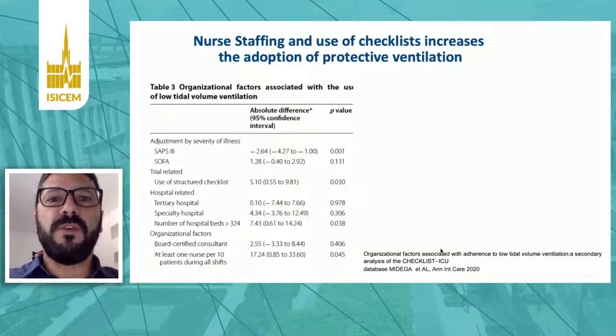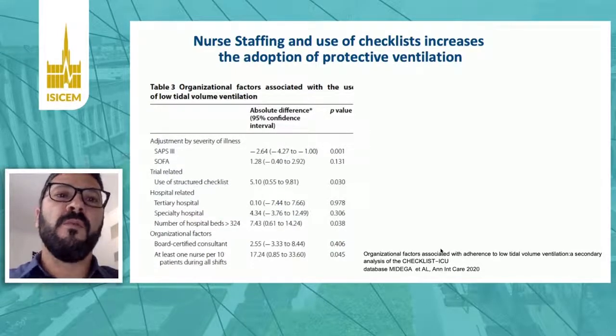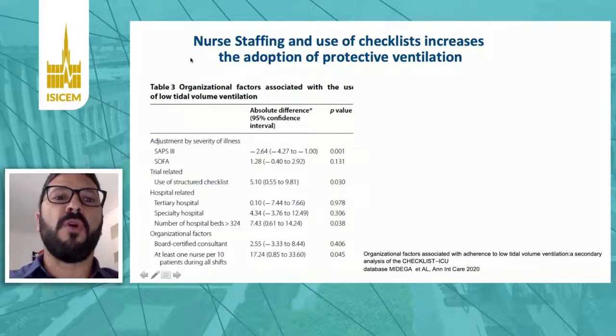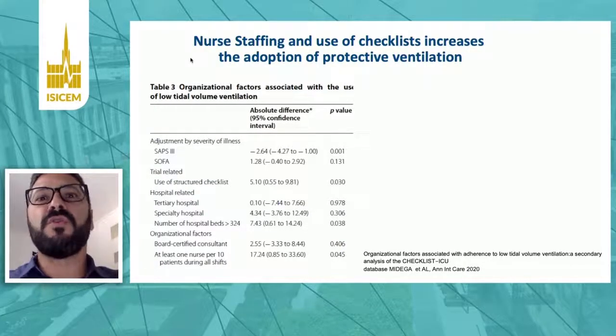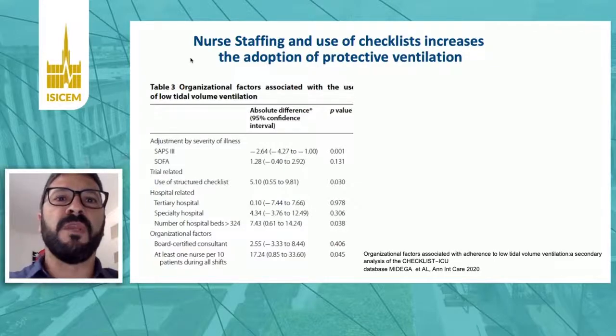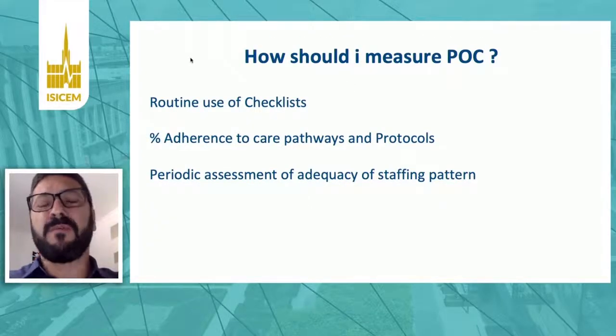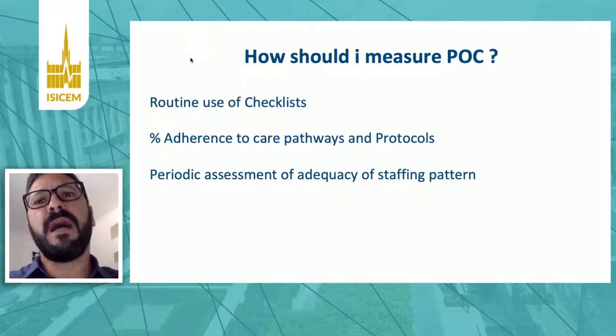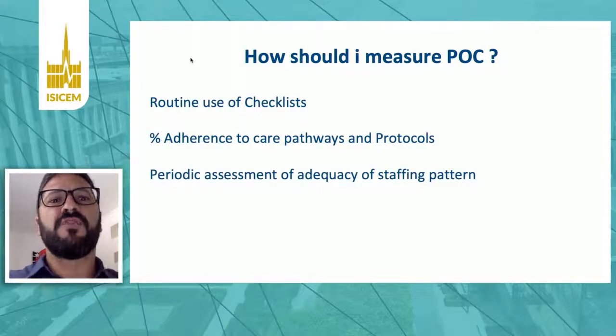So what we've shown in this study was that nurse staffing patterns, meaning the nurse to bed ratio, but also the presence of nurse intensivists, and also the use of checklists were associated with increased adoption of protective ventilation.